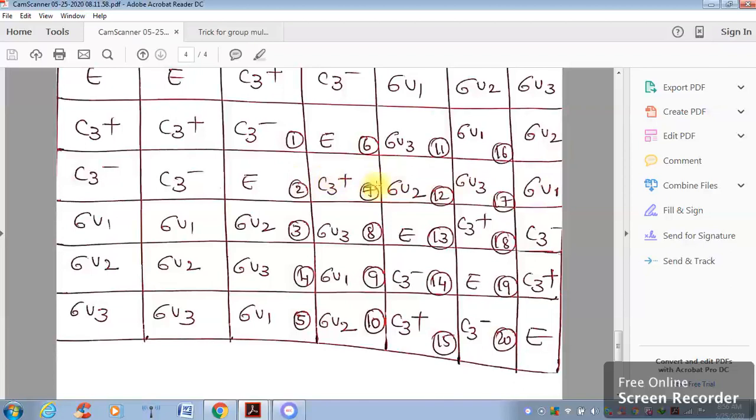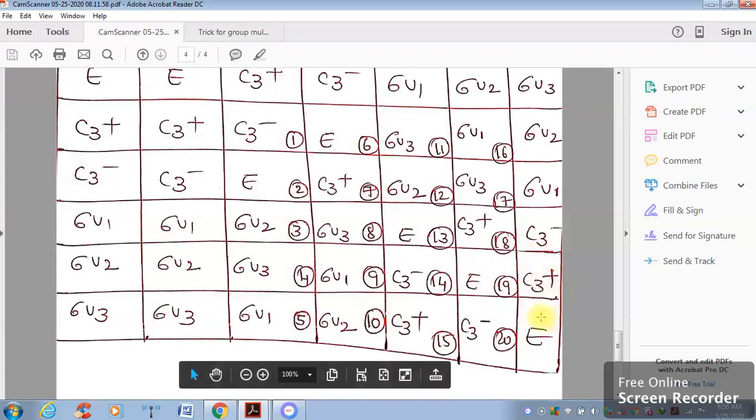Here we have other different symmetry elements. The remaining is sigma V1. Right, sigma V1. Here also, the remaining one is C3 minus. Right, C3 minus. Here write C3 plus. Here E. Means you should compare the symmetry elements present in the different boxes. The remaining symmetry elements should be written in these boxes.